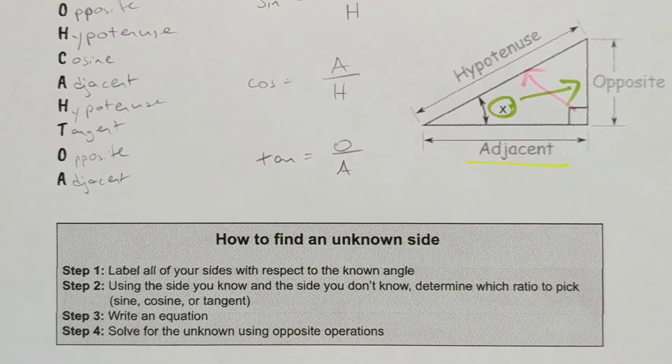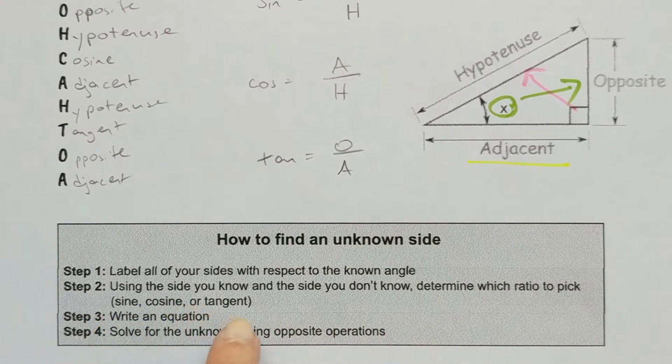So how do we find our unknown side? Well, our very first step always is to label our sides with respect to our known angle, okay? Then we're going to use the side that we know and the side that we don't know to determine which ratio to pick. We're going to pick between sine, cosine, or tan.